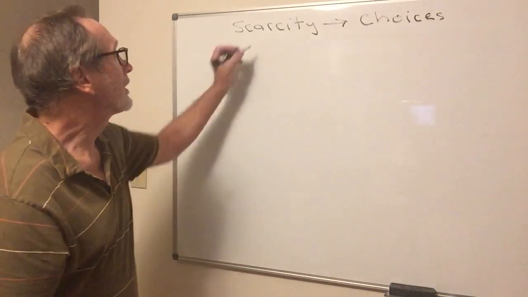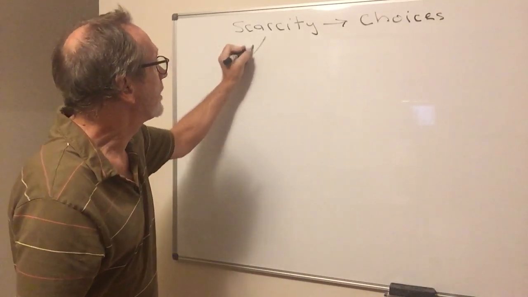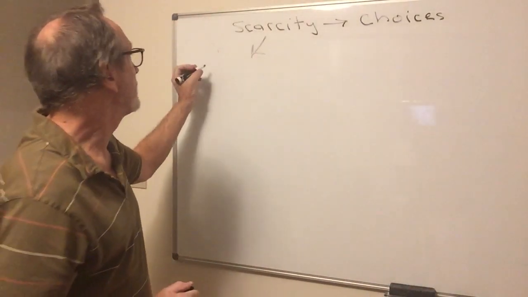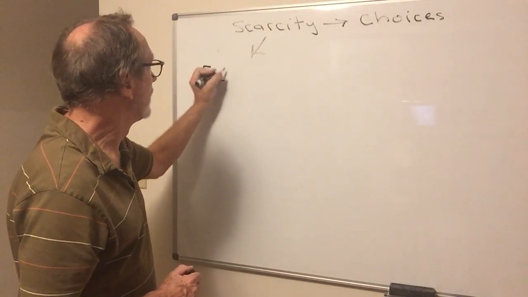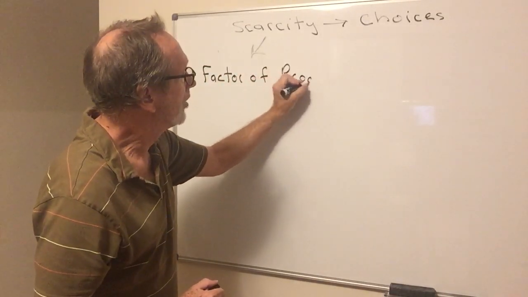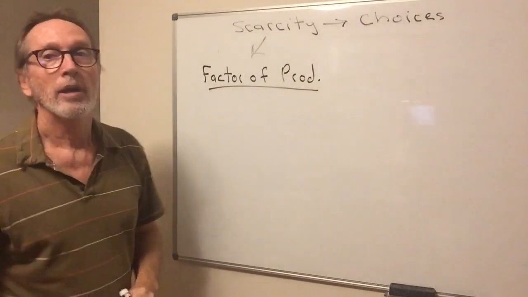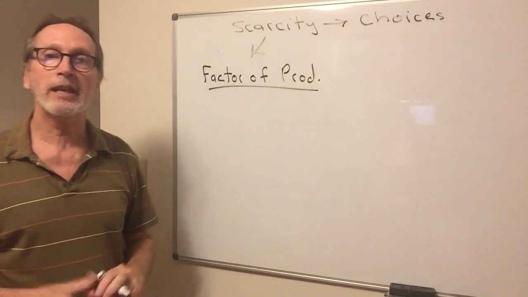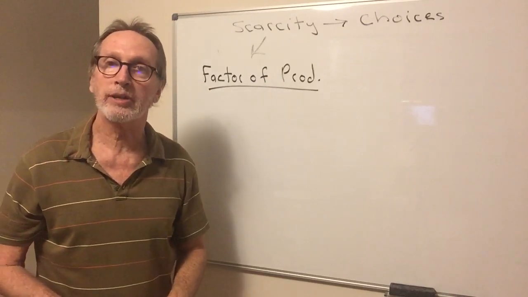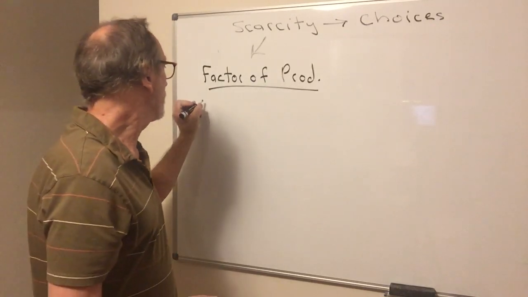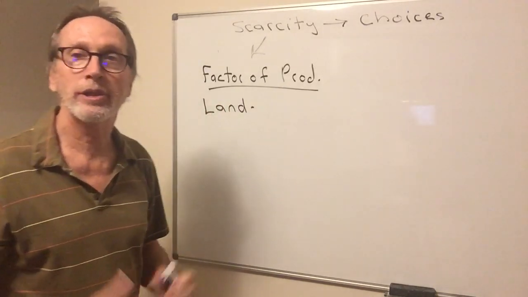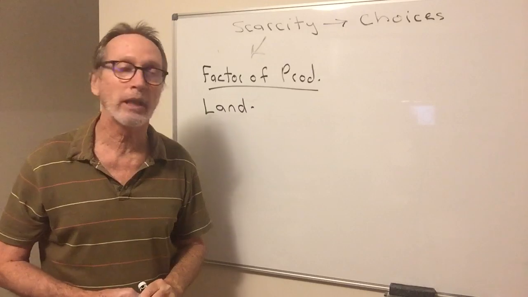Remember, scarcity relates to this idea of factors of production, right? Those are the four categories of different things that go into making new finished products that we consume. We said it was land. That's the natural resources of the land, everything that comes from the land.